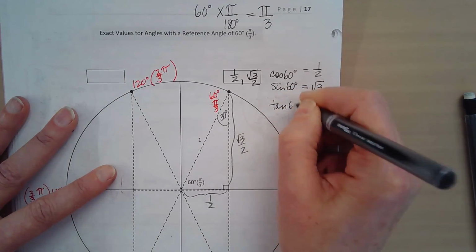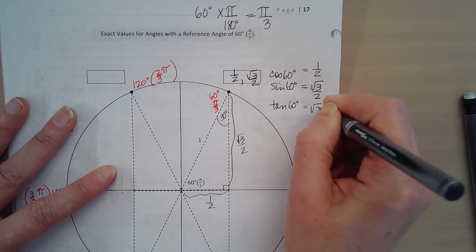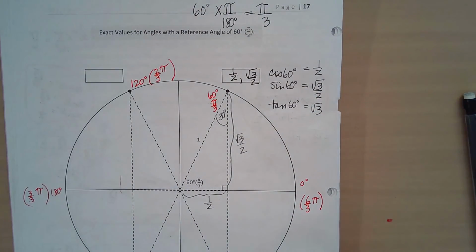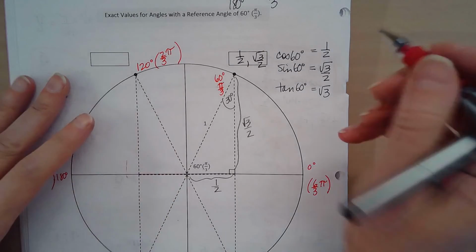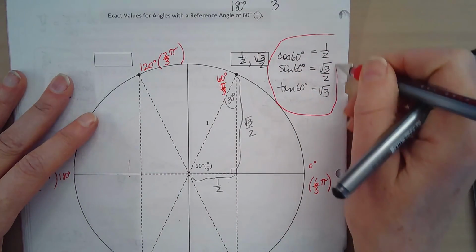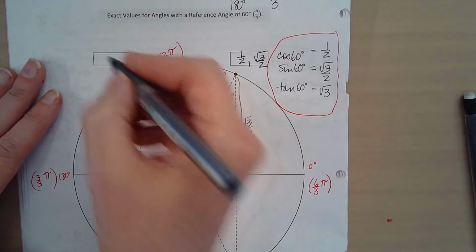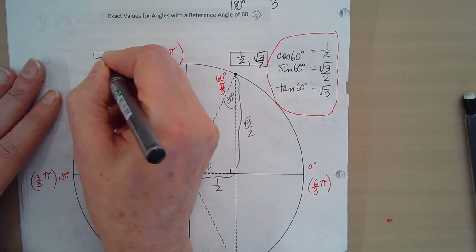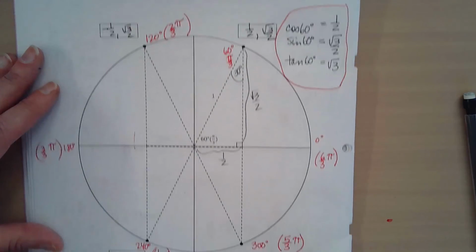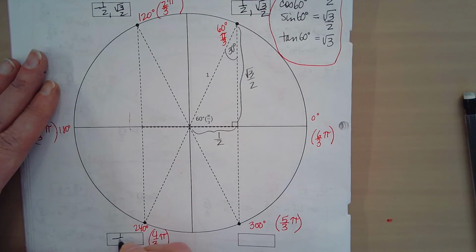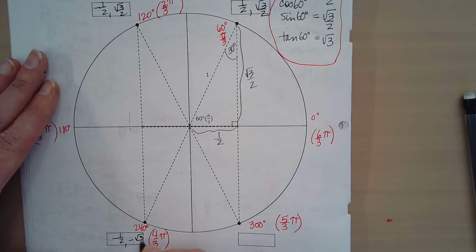You don't really have to memorize tan, to be honest, because you could always just calculate tan, right? So if I just transfer this over, this is going to be -1/2, positive root 3 on 2. Down here, it's going to be -1/2, negative root 3 on 2.